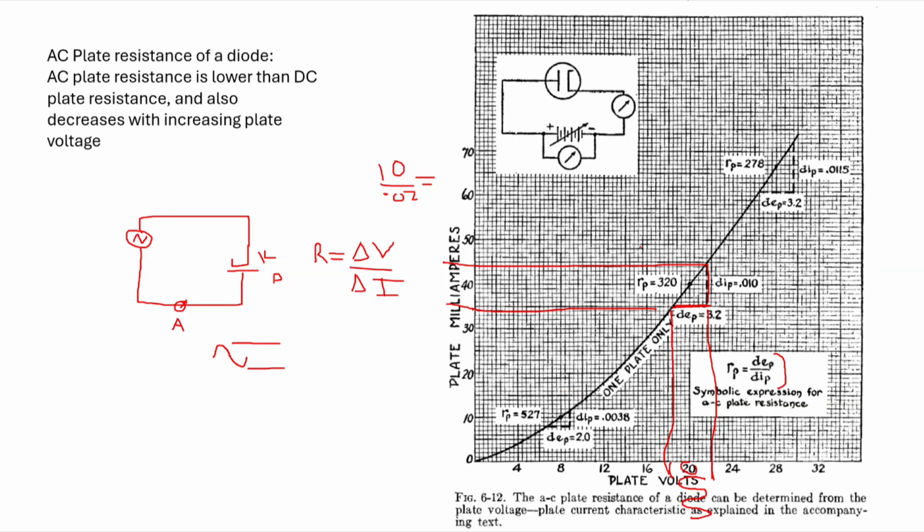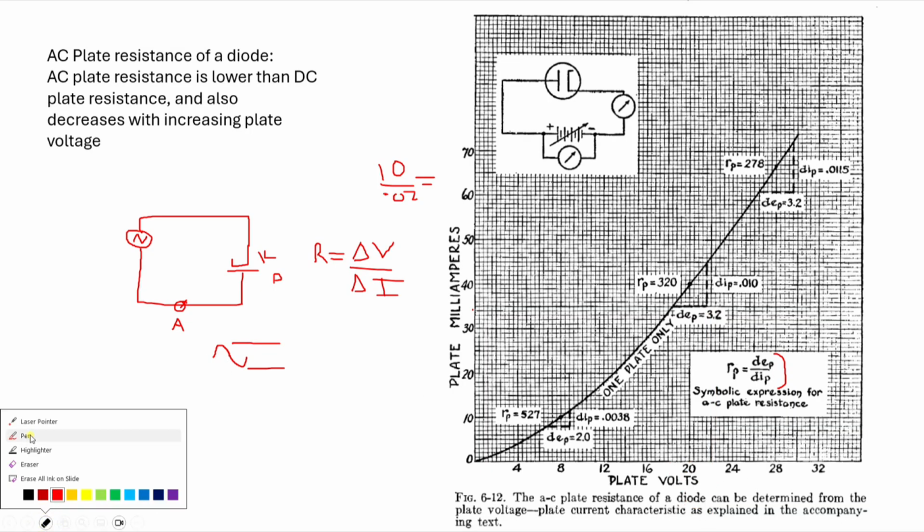And I think they've done that for us here. So let me erase that, and I should have looked at this a little closer. Let me erase my stuff here. Let's see what they got. Okay, so here they said we have a change in voltage of 3.2, and we have a change in current of 10 milliamperes.